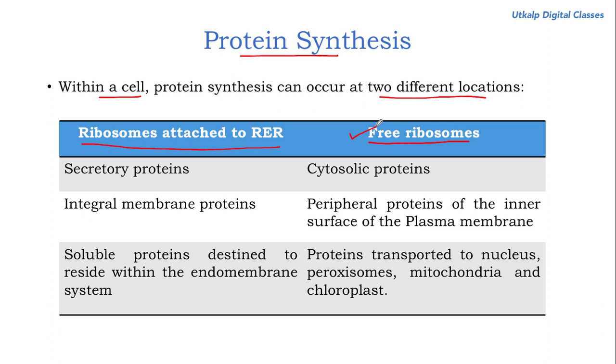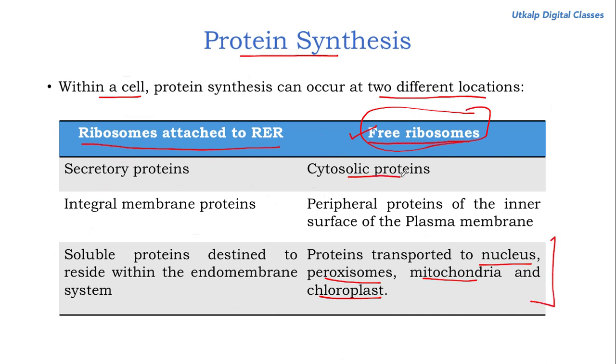So all the proteins within a cell which have to be targeted to the following organelles, like the nucleus, the peroxisomes, the mitochondria, chloroplast, all these proteins are synthesized on free ribosomes. You will have to memorize this.